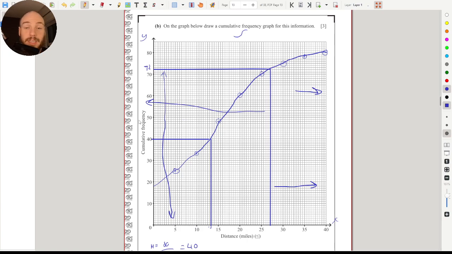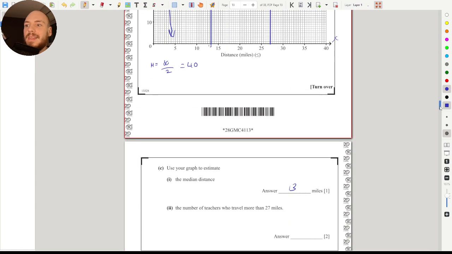I like to draw arrows to represent what I'm talking about. So the number of people that drive more than 27 miles would be 80 minus 72, which is just 8. Depending on your cumulative frequency curve, it could be 73 you had going across, and that would be 7, so long as it's in line with your cumulative frequency curve. That's all that really matters. So I'm going to put 8 in here.